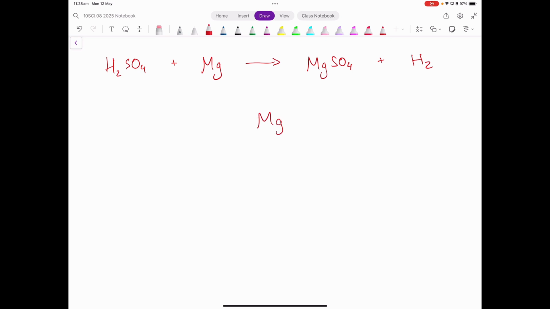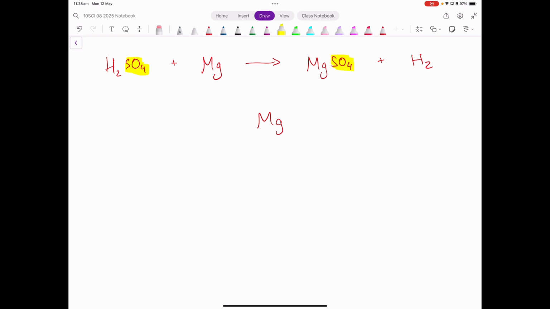Now, a trick for you, and the reason that I want to do this one together, is: are there any compounds, polyatomic ions even, that are found on both the left and the right-hand side? Anything that stays stuck together? Does anyone see SO4 on this side? Does it stay stuck together over on the right-hand side?